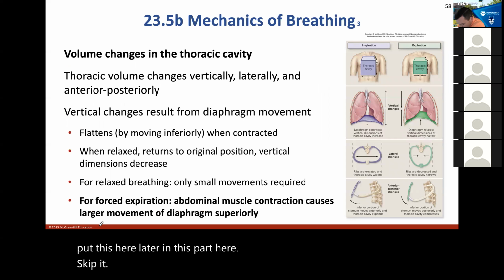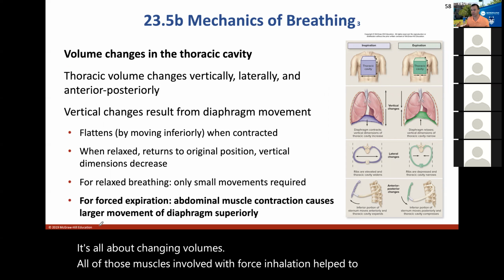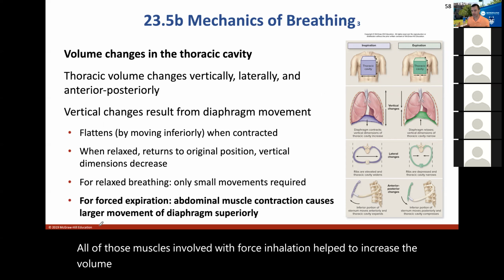It's all about changing volumes. All of those muscles involved with forced inhalation help to increase the volume of your thoracic cavity by pulling those ribs up and out, especially those first couple ribs.